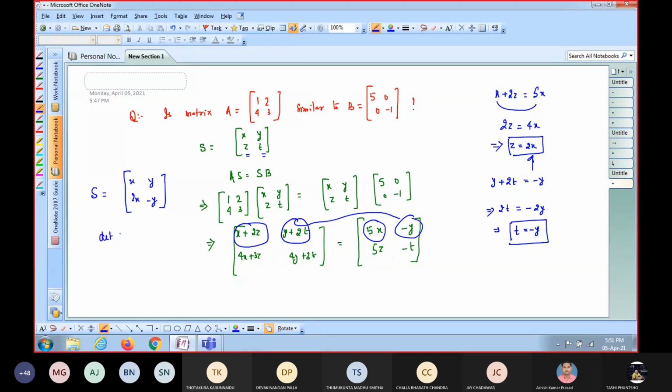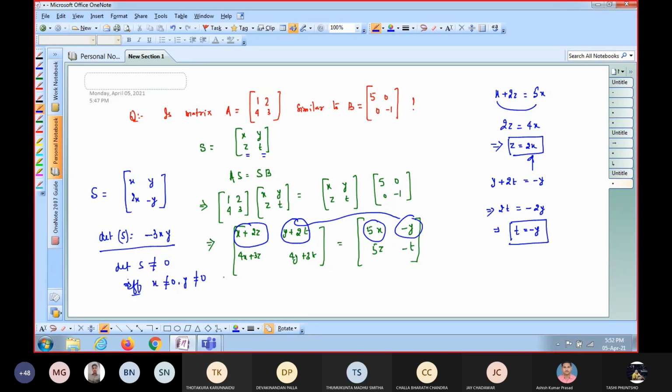So first of all, I calculate the determinant of S. So this is minus xy minus 2xy, minus 3xy. Now you can see the determinant of S is not equal to 0 if and only if x is different from 0 and y is different from 0. Right?